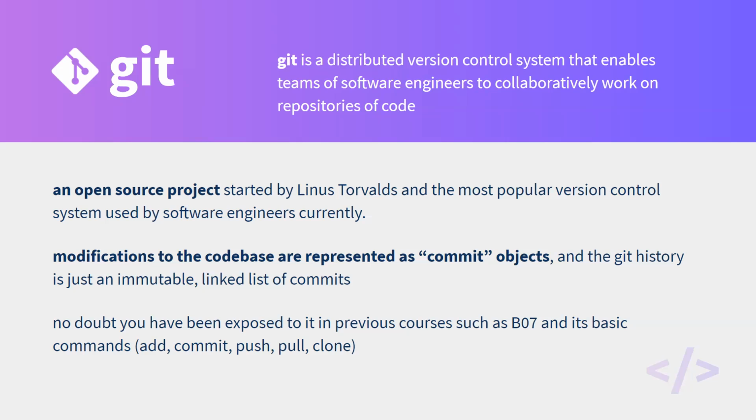It was an open source project started by Linus Torvalds and is the most popular version control system used by software engineers currently. Modifications to the code base are represented as commit objects, and the Git history is just an immutable linked list of commits. As you guys mentioned, you've been exposed to it in previous courses such as B07 and the basic commands: add, commit, push, pull, clone.